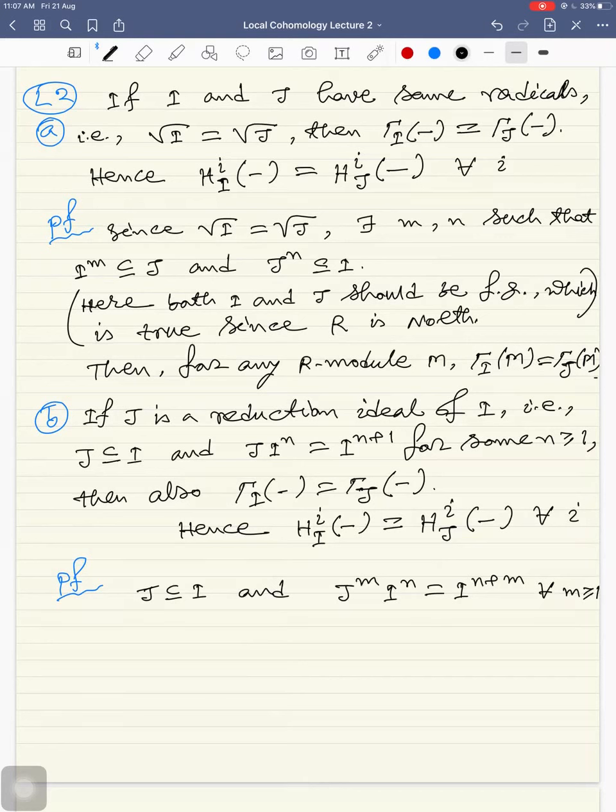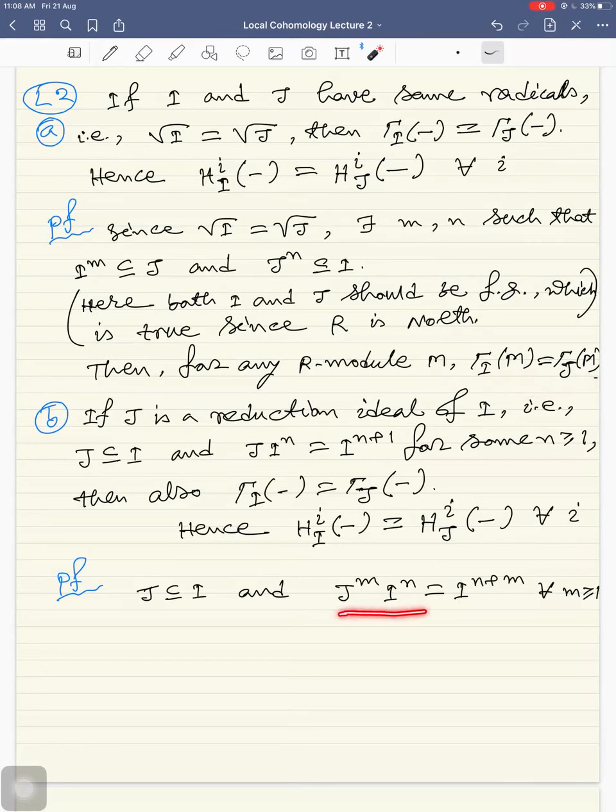Since J is contained in I, again you can prove this equality. Any element that is annihilated by some power of I will also be annihilated by some power of J. So that element will be there. So you can have this containment.